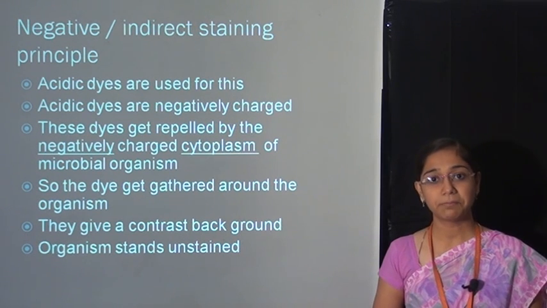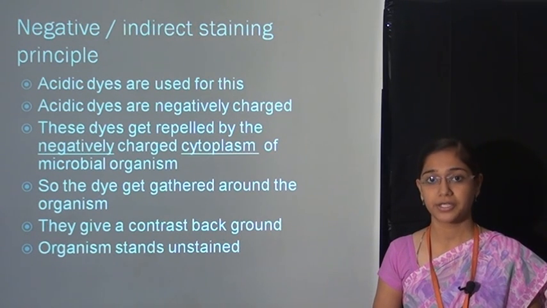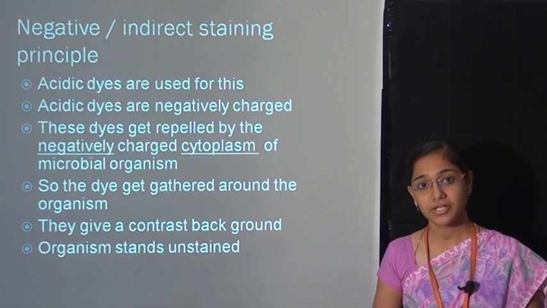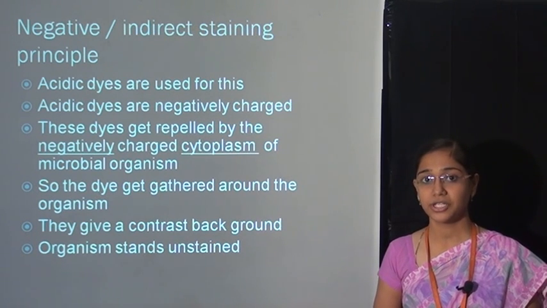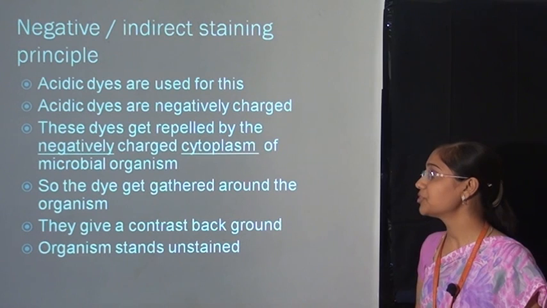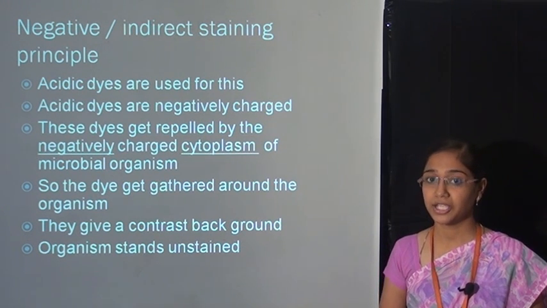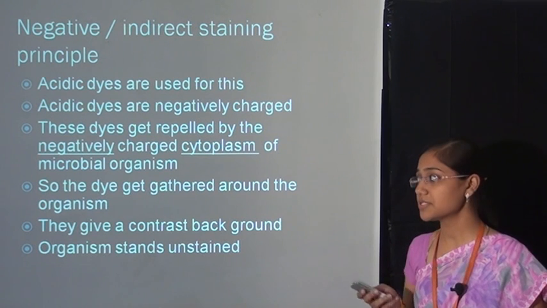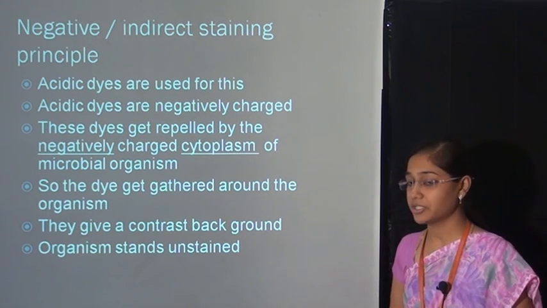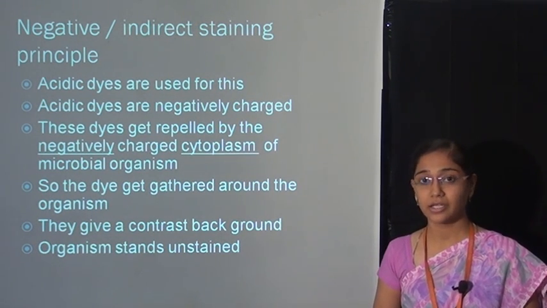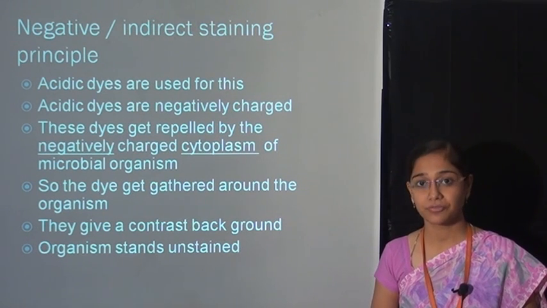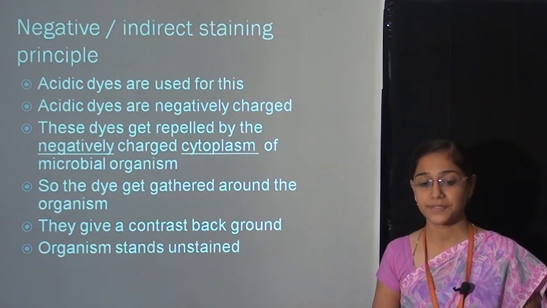What is the principle behind negative staining or indirect staining? Acidic dye is used for this staining. Acidic dye contains negatively charged ions, and our bacterial surface and cytoplasm are also negatively charged. So in this technique, the acidic dye does not stain our cells, but stains the background.